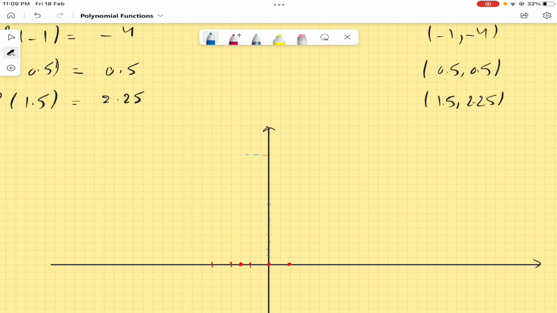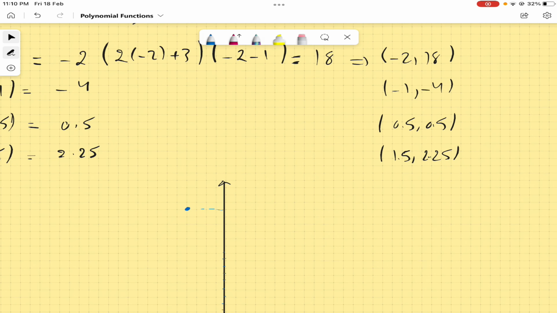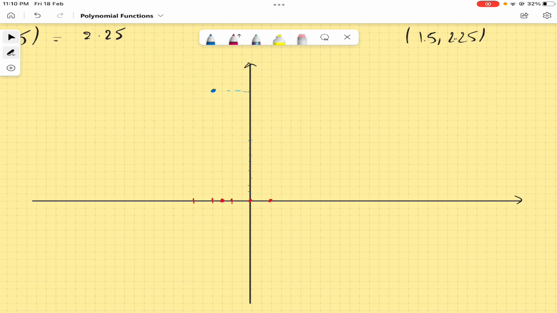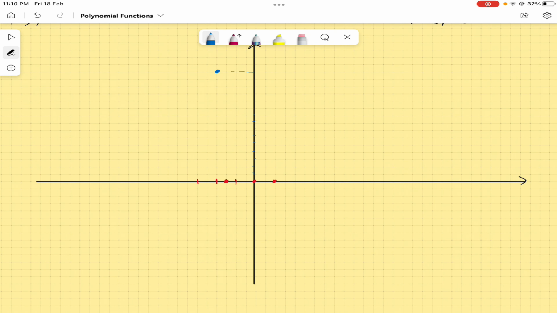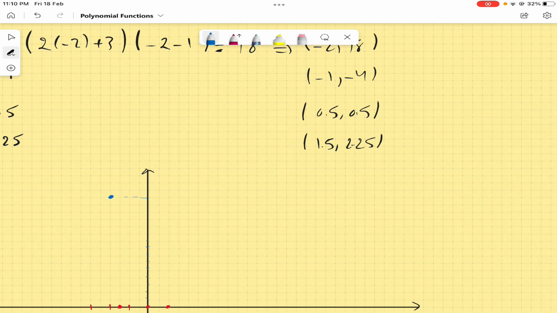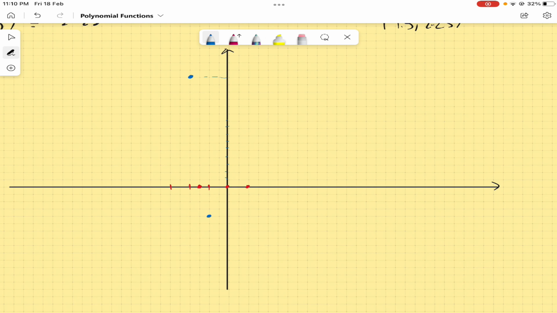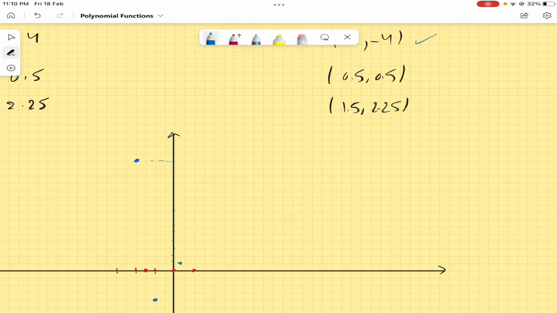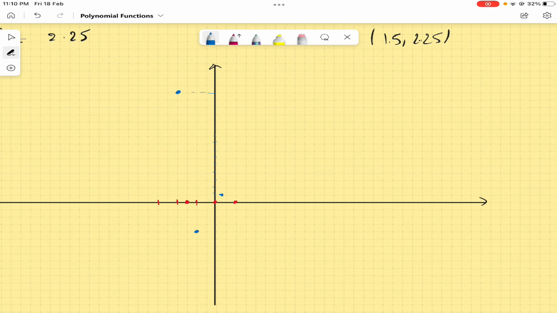Let's say here (-1, -4), (0.5, 0.5), and (1.5, 2.25).